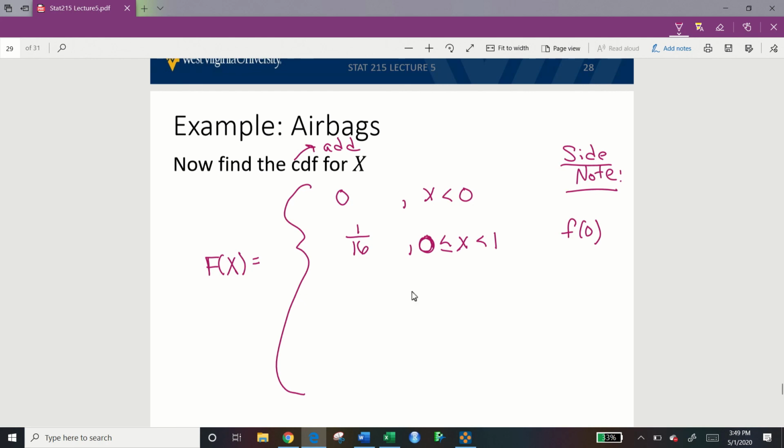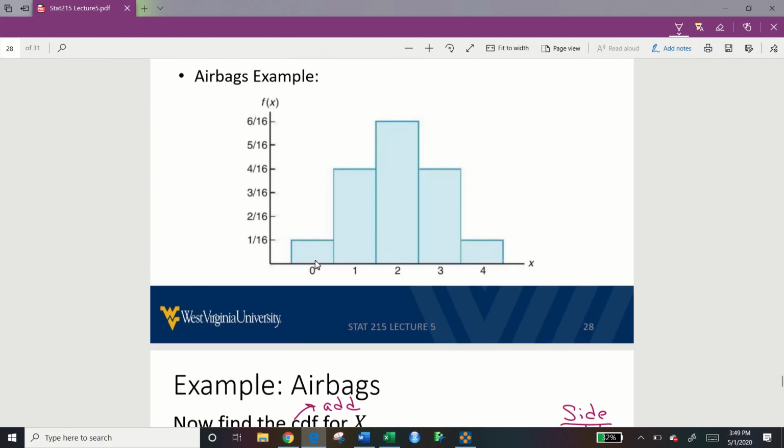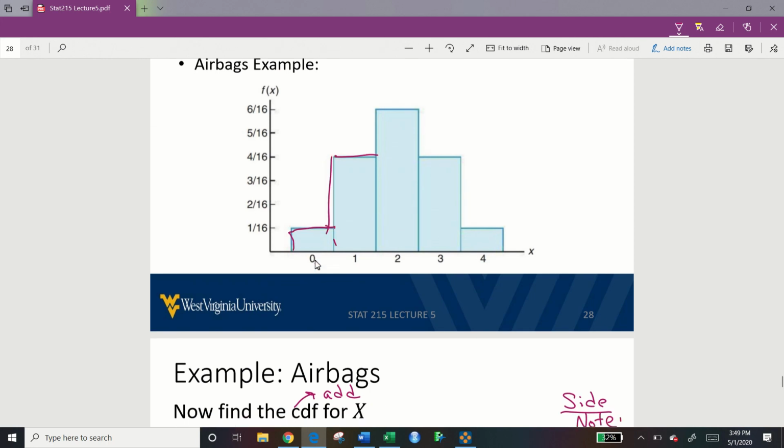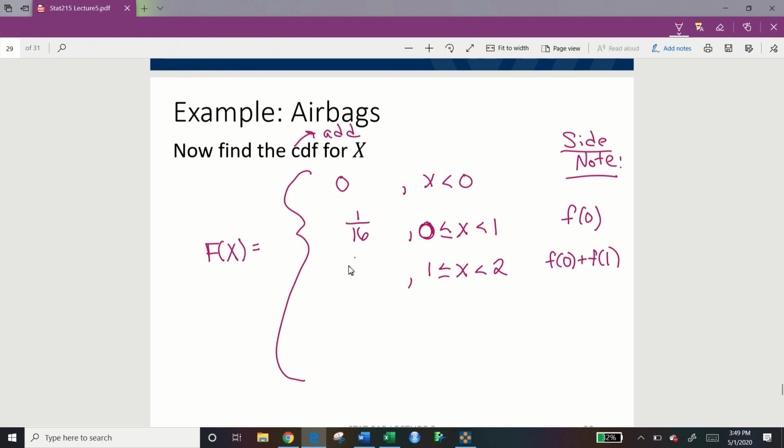So for our next one, from 1 less than or equal to x less than 2, this is f of 0 plus f of 1. Scrolling up, that means we're going to add 1/16 plus 4/16, which is going to give us 5/16.